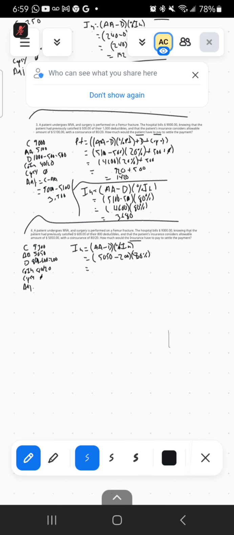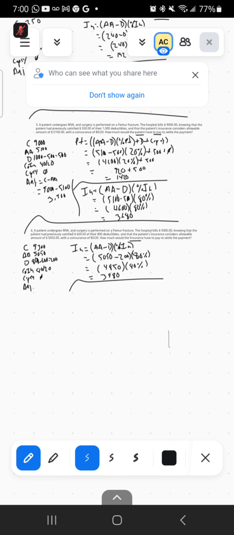So you put it in the calculator just in case. That is 4,850 times 80%, which is 3,880.